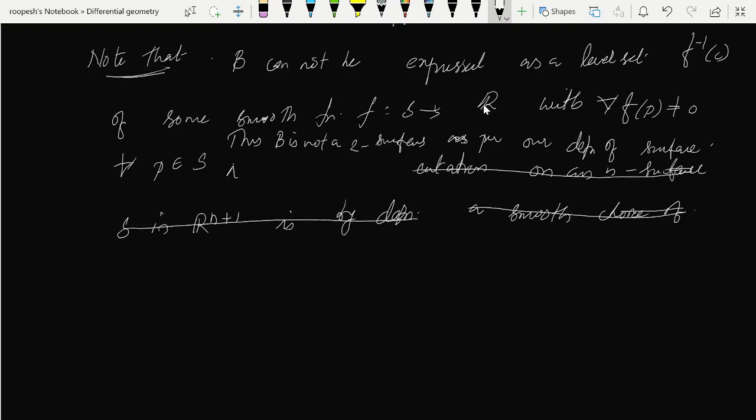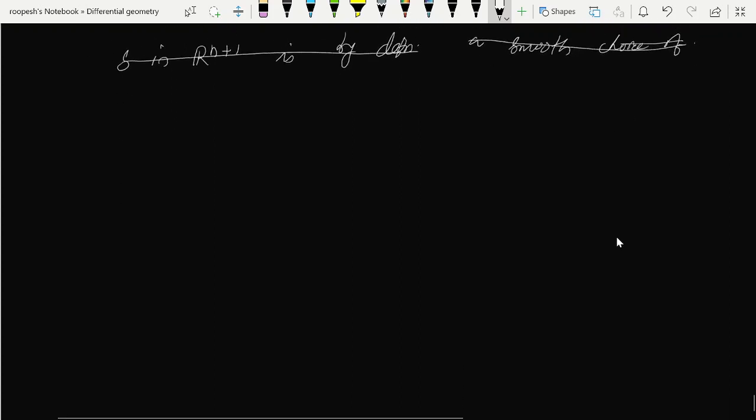So as per the definition of our surface, we cannot include our Mobius band inside the category of a surface.